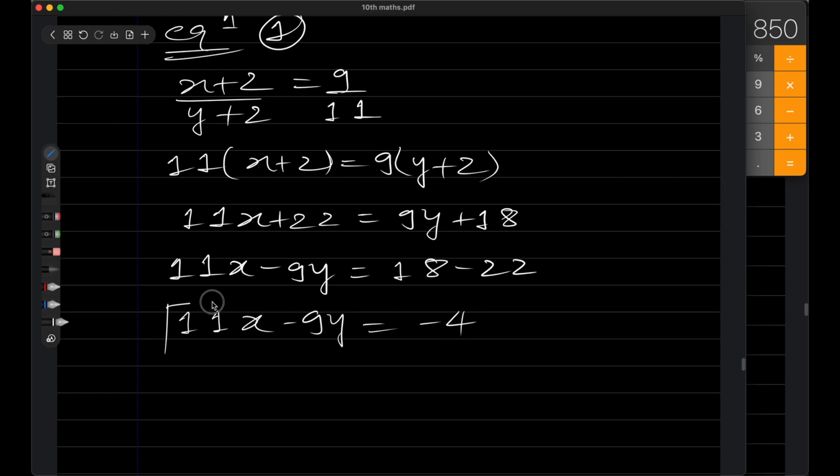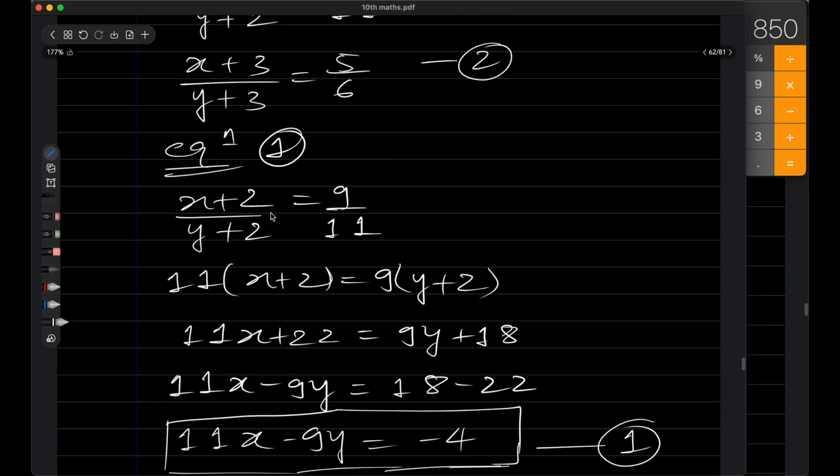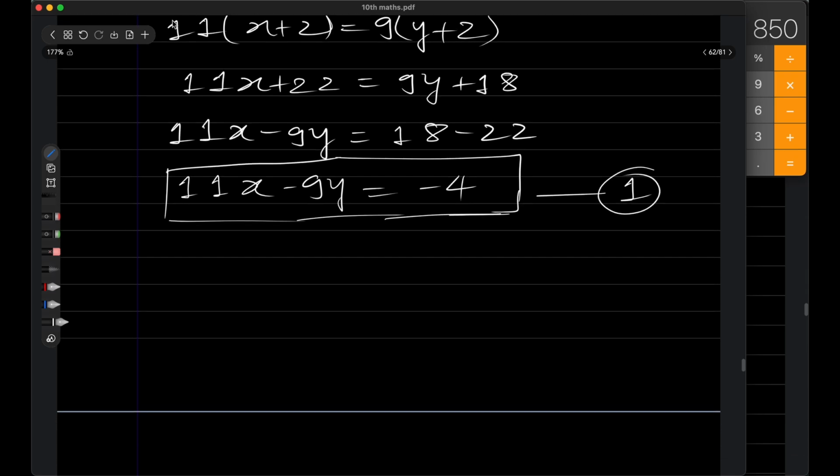We got the first equation simplified, that is 11x minus 9y equals minus 4. Now the equation 2, that is (x plus 3) upon (y plus 3) equals 5 by 6.